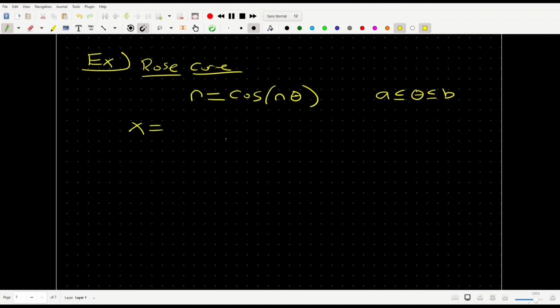This is going to generate x equals cosine of n theta times cosine of theta, because this is r times cosine theta, and y will be cosine of n theta times sine of theta.